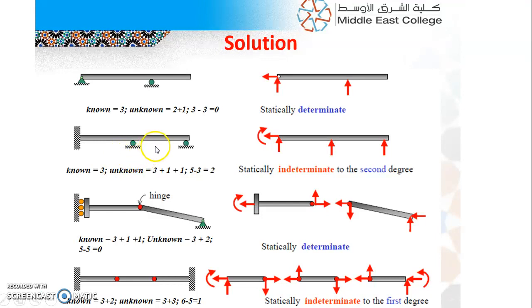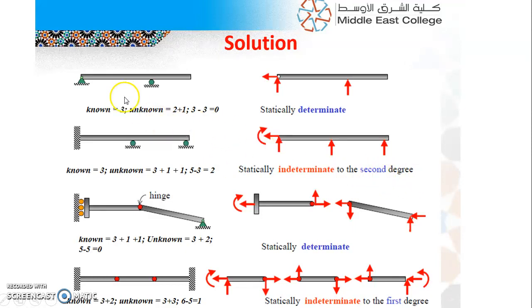If R minus 3 is equal to 0, then it is called statically determinate. If not, it is indeterminate. For this question, the number of reactions is 5 and knowns are 3. Now, R minus 3, that means 5 minus 3, gives you 2, which is not equal to 0. So this is called statically indeterminate.